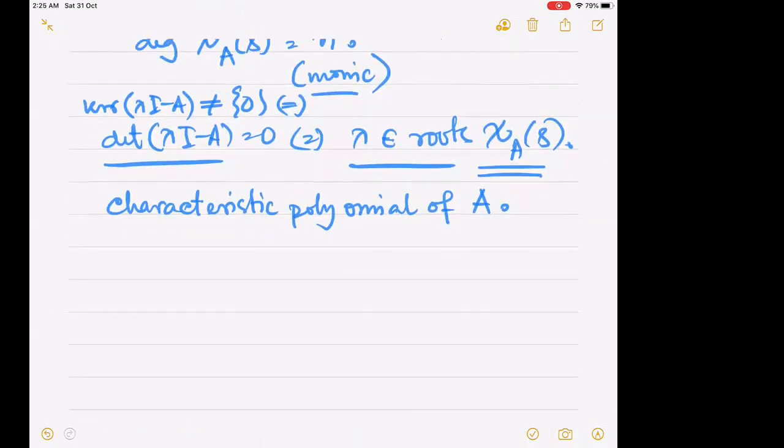The reason is that no matter what basis you choose, the characteristic polynomial that you get for that matrix remains always the same. It depends only on the linear operator and not on any particular matrix representation. I'll tell you why.